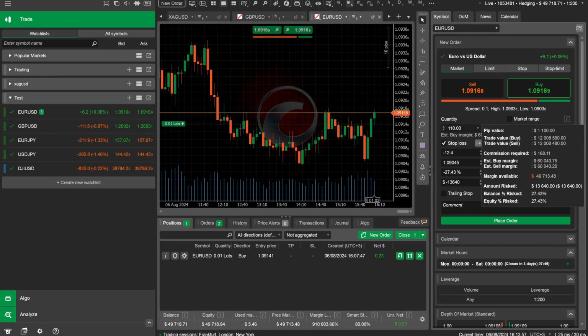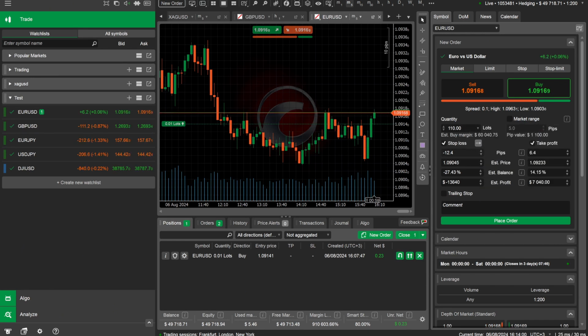For example, I have an estimated margin of $60,000, but if I put a 10 pips stop loss and a 10 pips take profit, you see, I will risk $11,000, and as take profit it will be $11,000 profit. Even if my margin says 60,000, this doesn't mean that this is the risk I'm willing to take. If I lose the trade, placing stop loss and take profit, I will only lose the amount I choose from here.